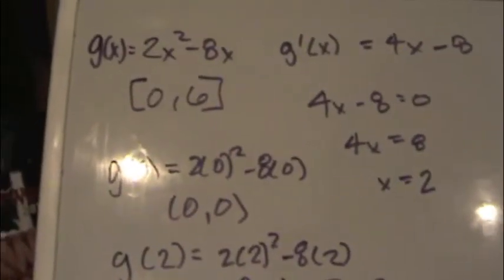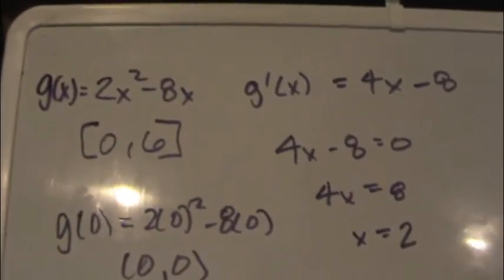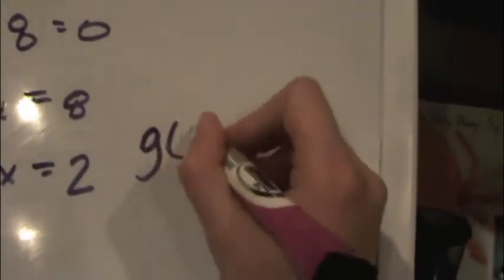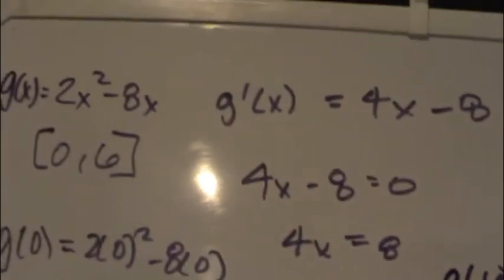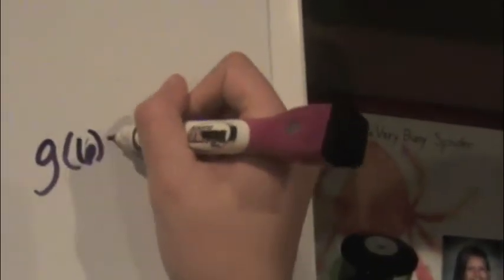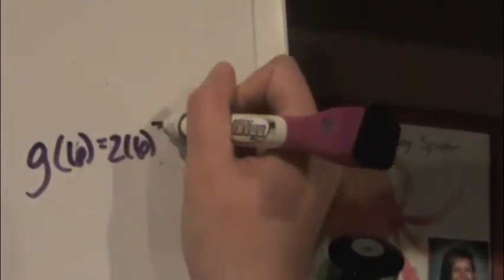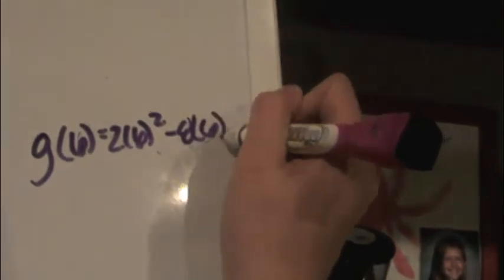All right, now let's plug in this last endpoint right here. Let's plug in 6. g of 6 equals 2 times 6 squared minus 8 times 6.